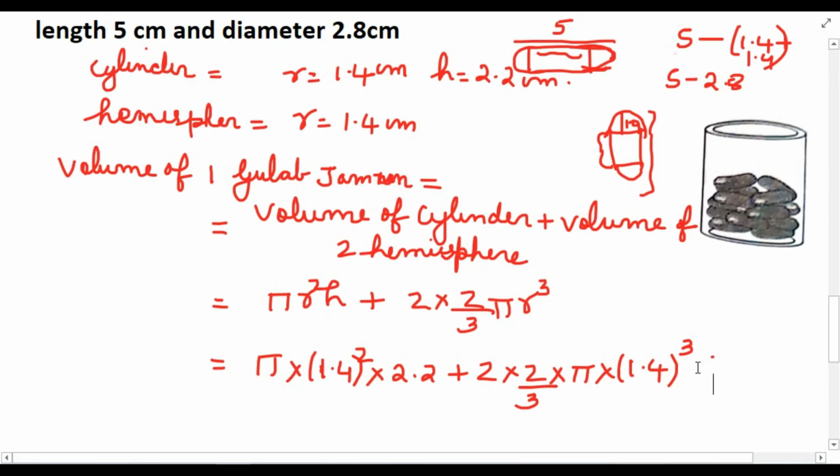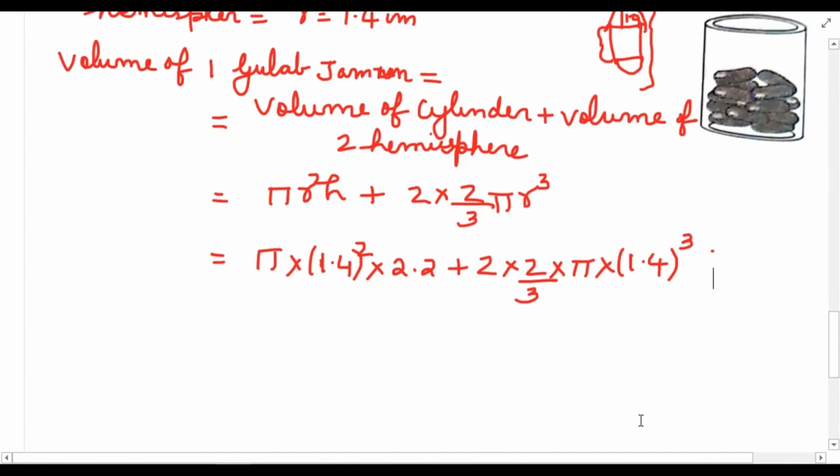Now we can simplify this, so that will give you the volume of one gulab jamun. So we have the volume of the cylindrical portion, when you simplify this, as 13.55, and the volume of the two hemispherical ends, when you simplify this, is 11.48. So total volume will be 25.03 centimeter cube.